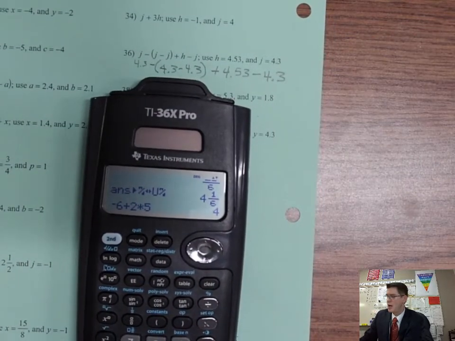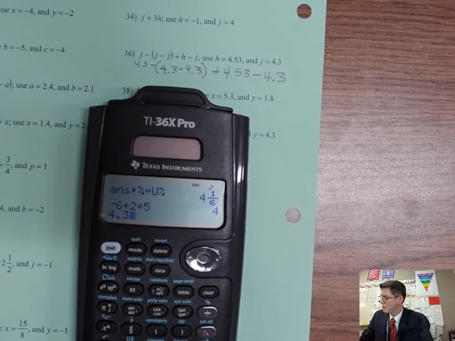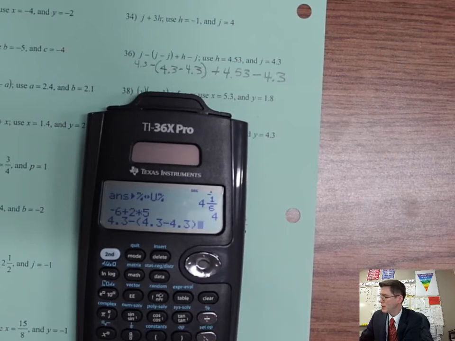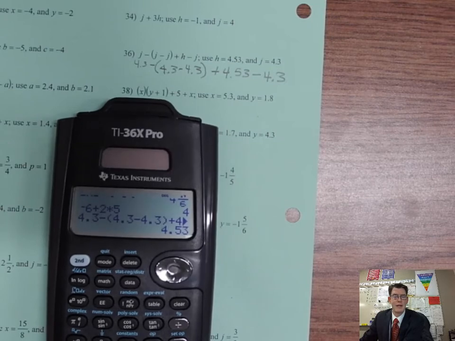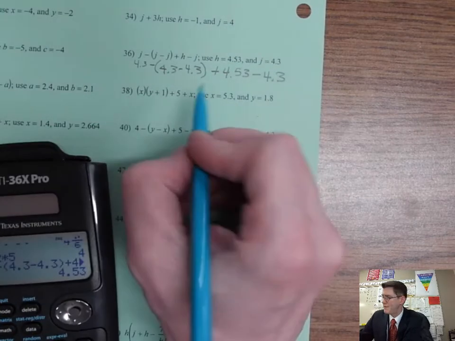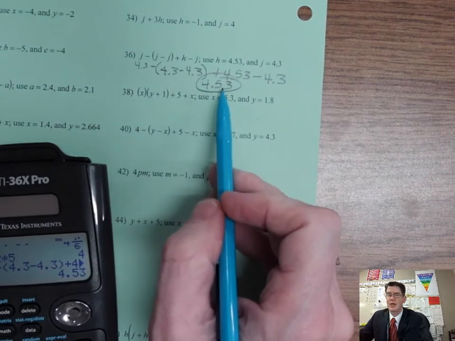It's going to be long. And all of that work and effort and time gets us back to 4.53. So the answer is 4.53, and you can check that answer on the answer page.